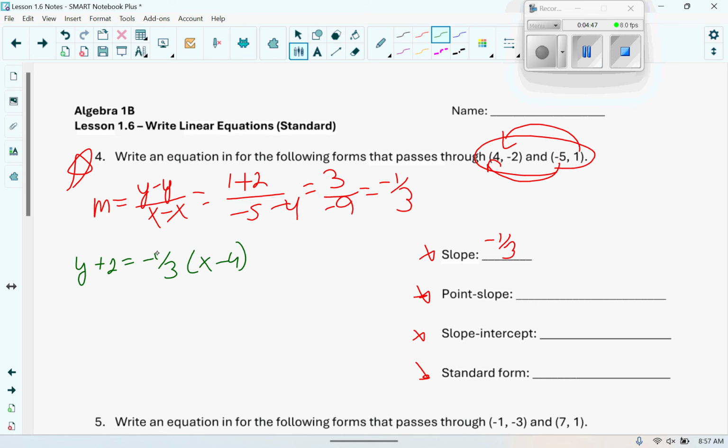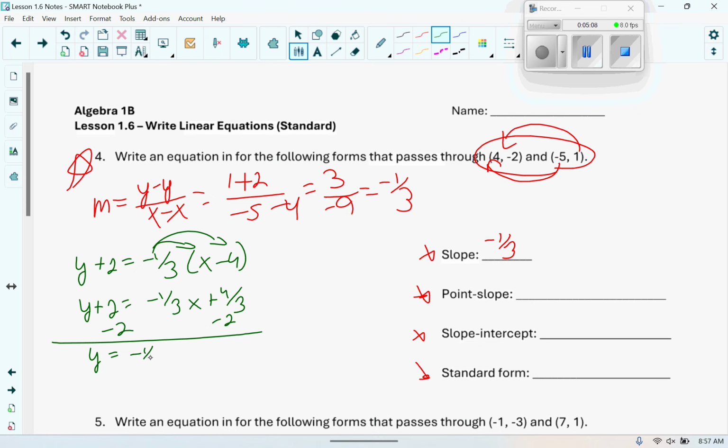And this -1/3, like that, and then I'm going to subtract the 2 over. A couple things we could do here.